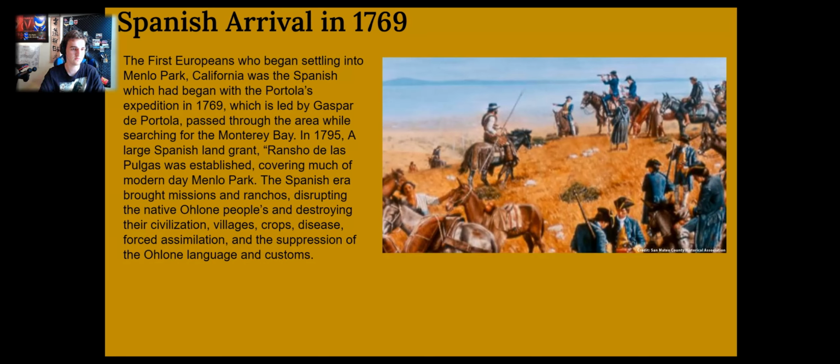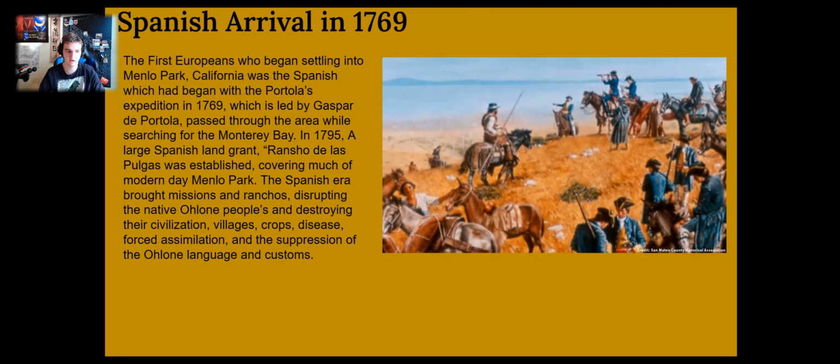The first Europeans who began settling in Menlo Park, California were the Spanish, beginning with the Portola expedition in 1769, which was led by Gaspar de Portola, who passed through the area while searching for Monterey Bay. In 1795, a large Spanish land grant, Rancho de las Pulgas, was established, covering much of modern-day Menlo Park.